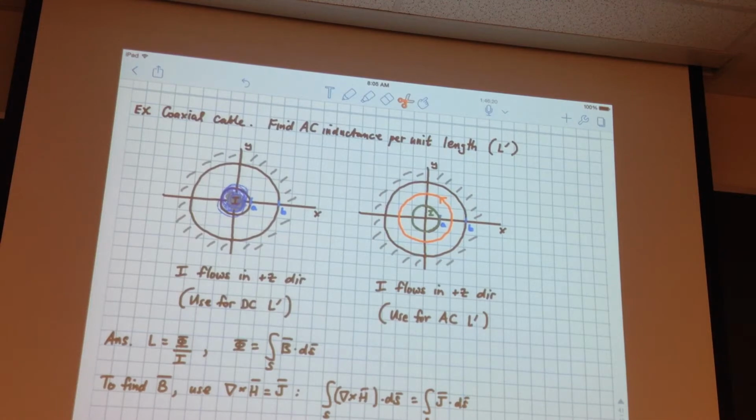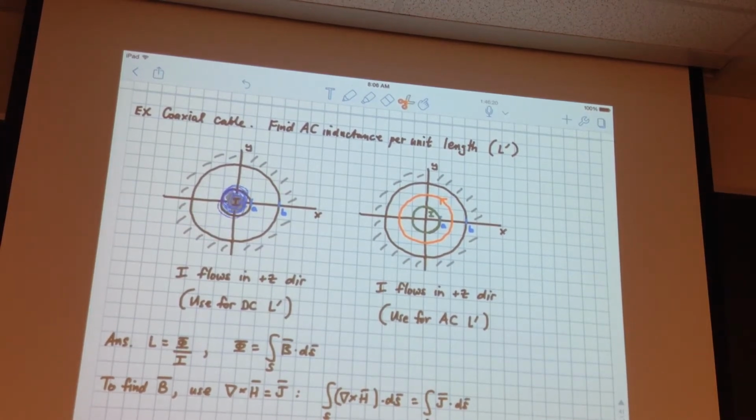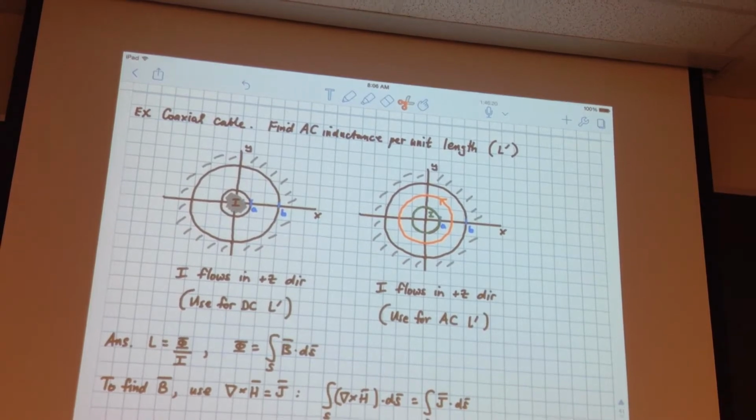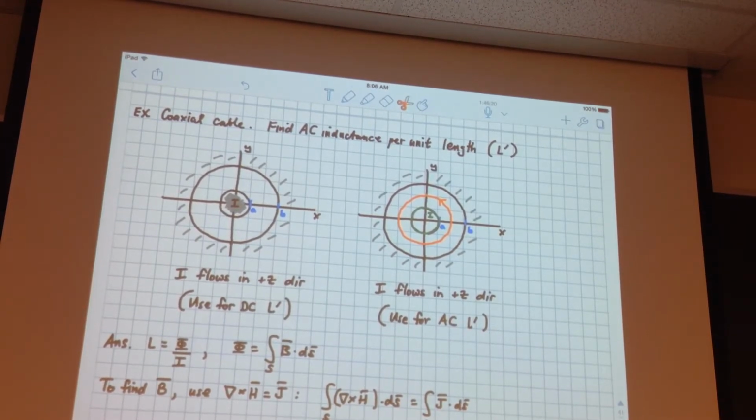However, when you use a coaxial cable, you're interested in the AC inductance per unit length. As the frequency goes up to, say, the frequency range where you would want to use a coaxial cable for signal propagation, that might be in the gigahertz range. So the AC frequency is 1E9 hertz, 1 gigahertz.